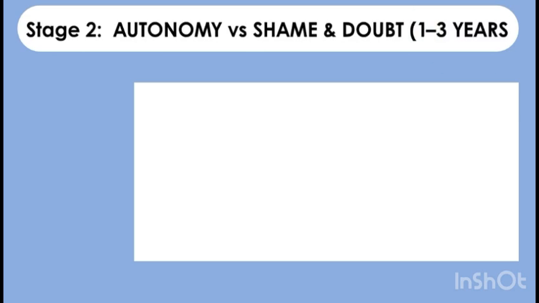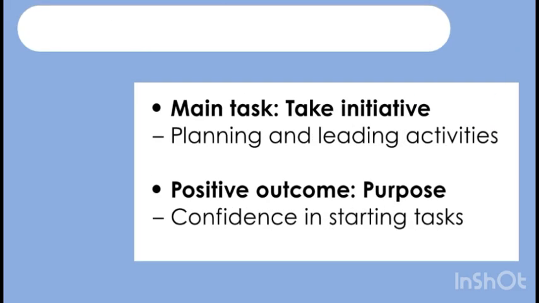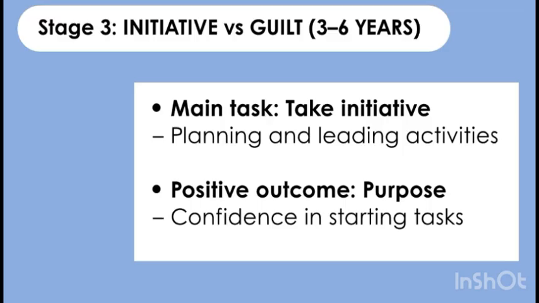Next to stage 2. Here in stage 2, toddlers want to assert independence. Encouragement builds autonomy while over-control causes shame and self-doubt. So in stage 3, the initiative versus guilt, children begin to explore, ask questions, and initiate activities.